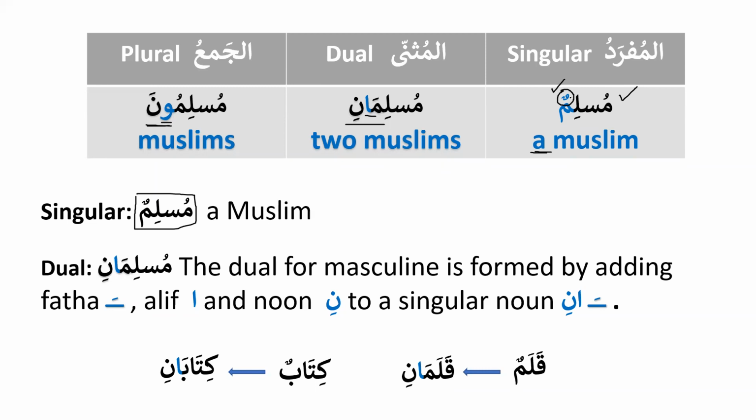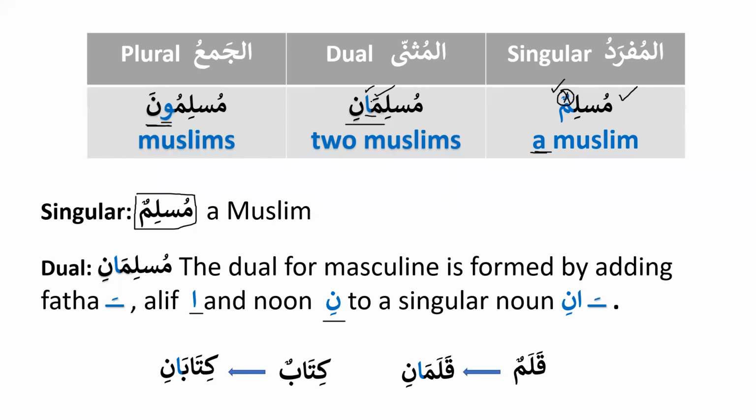It was Muslimun, but we drop tanween and add fatha over here. After that, we add alif, as we can see here. And then we have noon with kasra, so it becomes ani, as we discussed in the beginning of the lesson. So the dual will be muslimani.